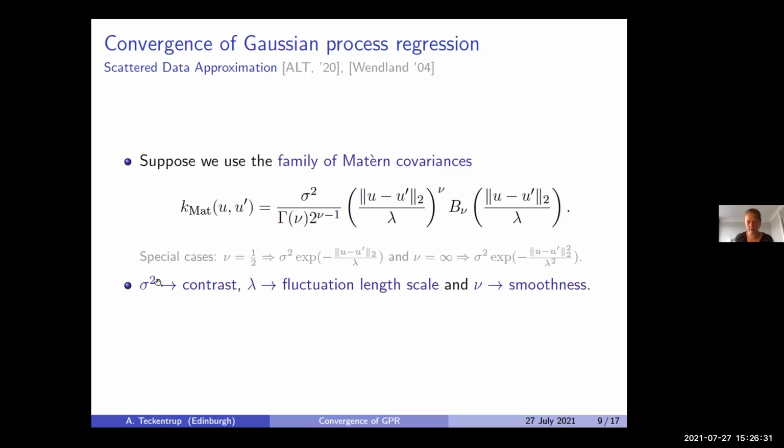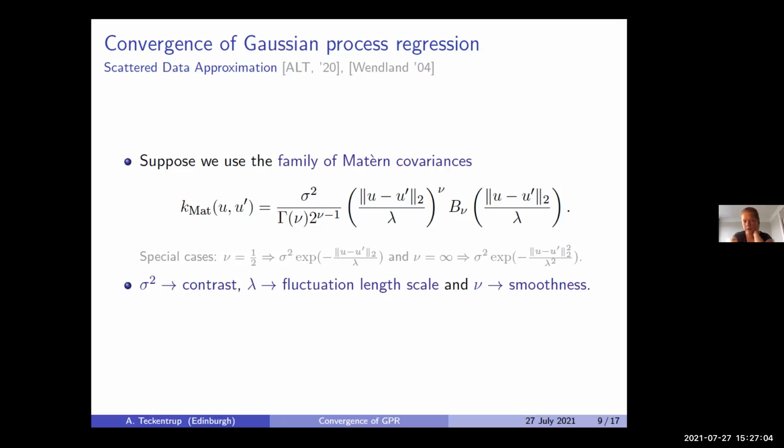There's the parameter sigma squared, which is the marginal variance, the hyperparameter that governs how big your oscillations are. Then there's the parameter lambda, which was the correlation length scale. That was telling you whether you have quite smooth functions that vary on long length scales, or very oscillatory functions that vary on shorter length scales. And then the final parameter is nu, which tells you the smoothness, so how many derivatives you have.